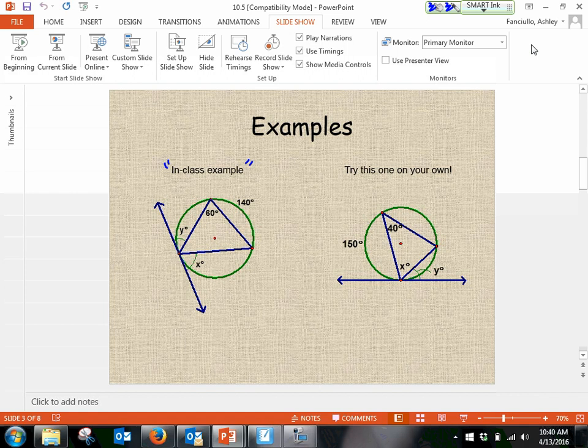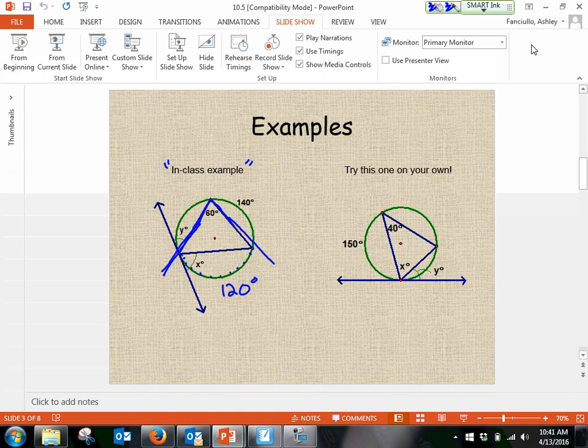If I need to find angle Y and angle X, start tracing like we've done for those inscribed angles. If that degree is 60, you know that its arc is going to be double, so that's going to be 120.